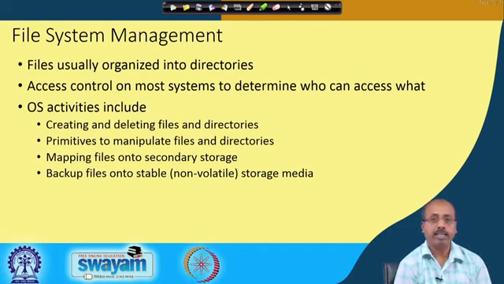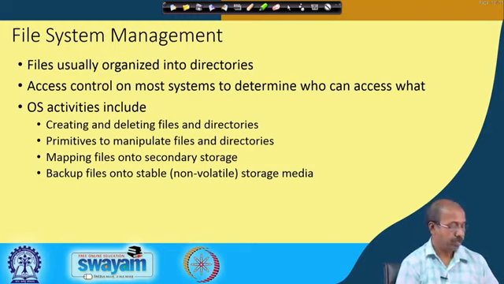Now, what is the corresponding disk sector number, that has to be known. That is the problem of mapping: mapping a file name onto the storage address. That is one important thing to be done, and sometimes we need to take backup, because if there is a system crash, then all the contents will be lost. So, it is a requirement that we have some backup of the system in some stable storage.